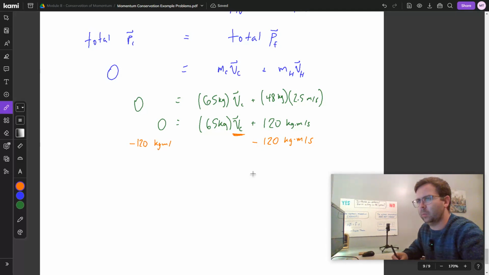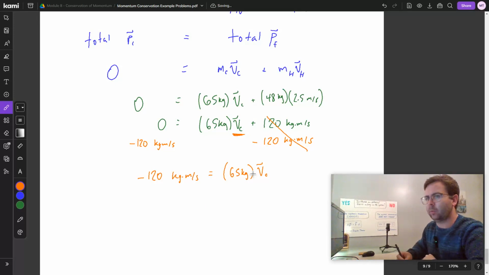So we'll do minus 120 on both sides. That will get rid of that. So negative 120 kilogram times meters per second is equal to 65 kilograms times the velocity of Charlie. So now we're ready to divide by 65 kilograms on both sides.